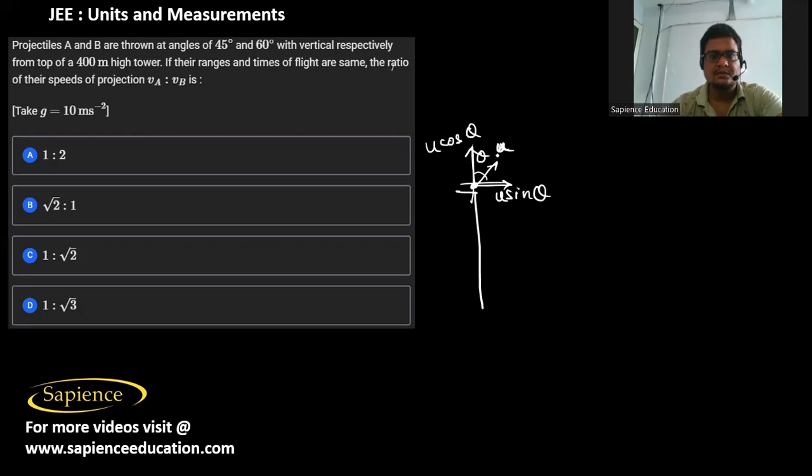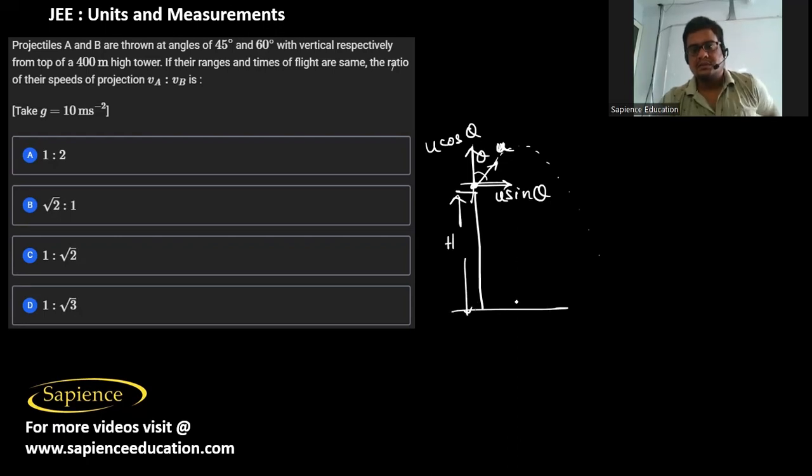Then here we have to find the range. Let's say the height of the tower is h, then the time of flight means the time it will take to reach the ground.